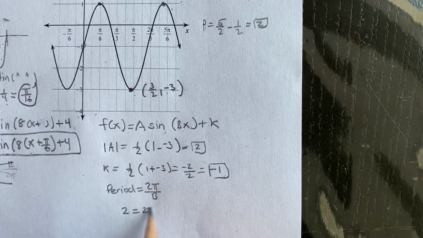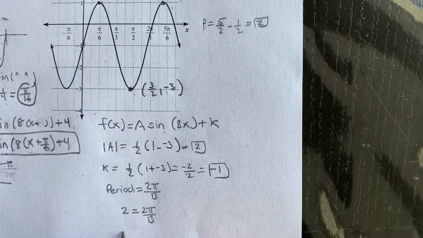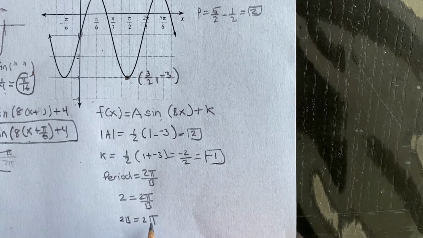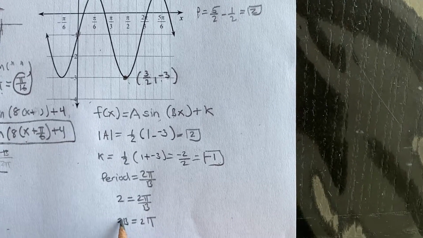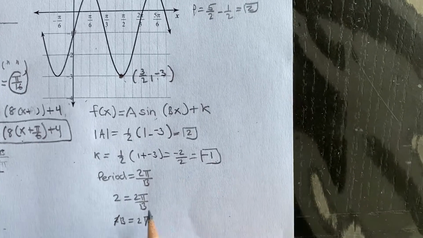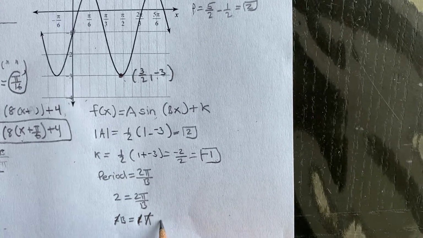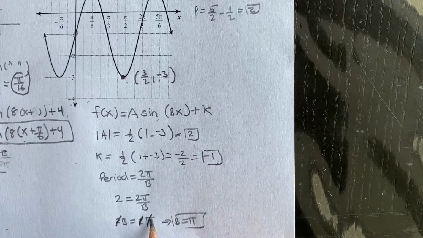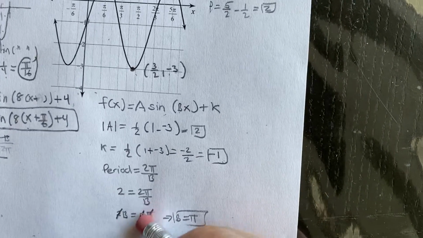So 2 is equal to 2 pi over b. And I calculate my b, just if I cancel out the 2's over here, b is just going to equal pi. Okay, so I shouldn't have crossed off the pi there. I'll just erase this.